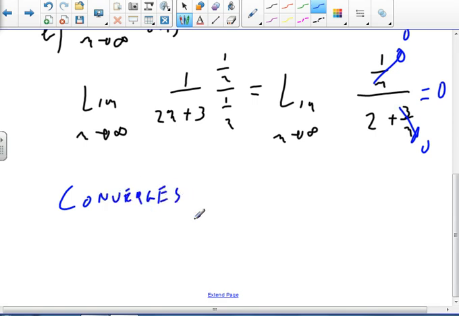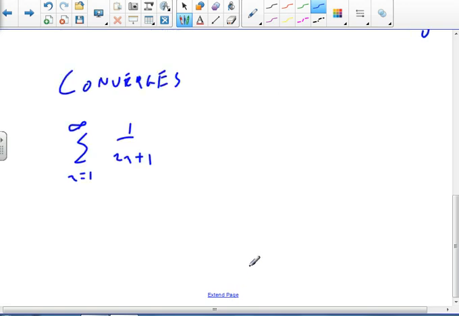Now the issue is, does it converge absolutely or does it converge conditionally? So I'm going to look at the summation from n equals 1 to infinity of 1 over 2n plus 1. And I'm going to go back and use my ratio rule and look at the ratio.